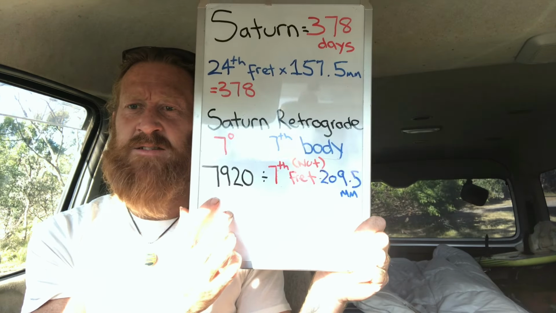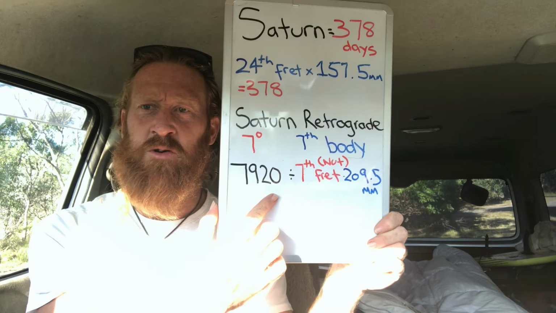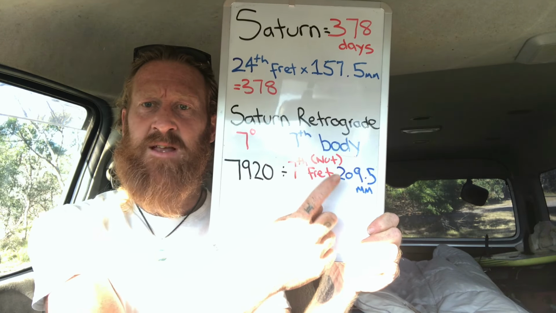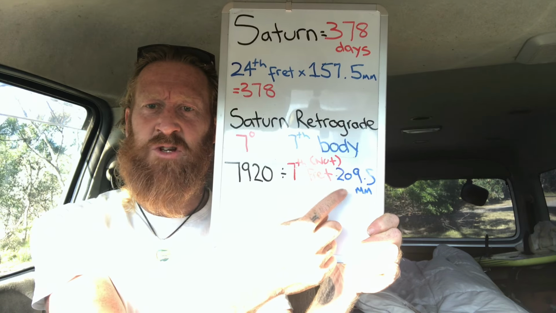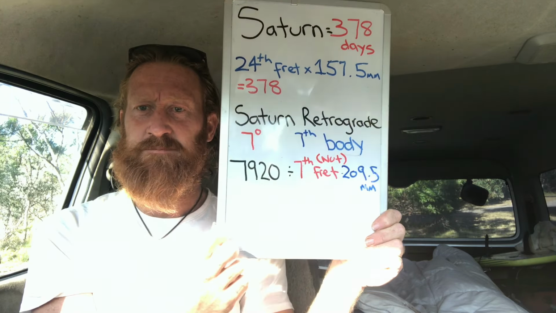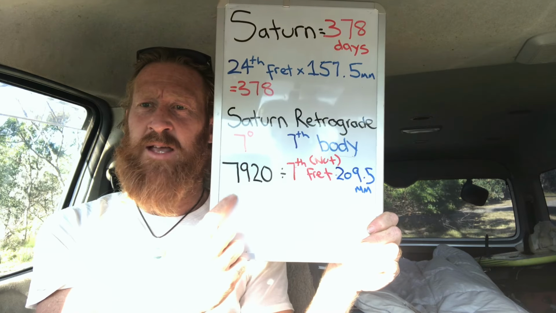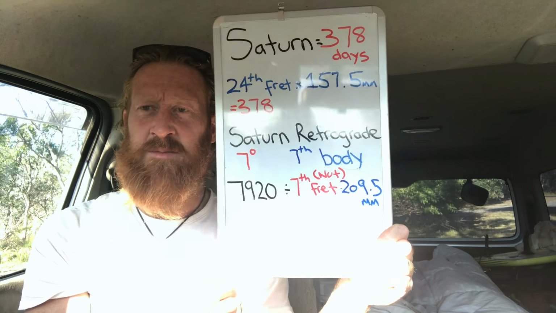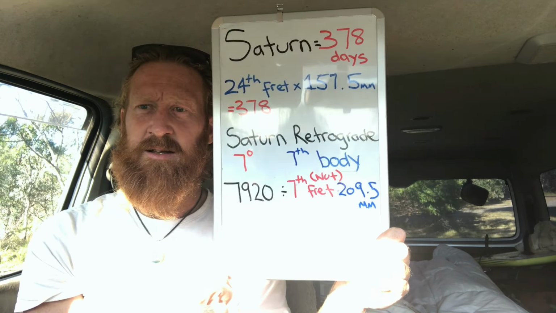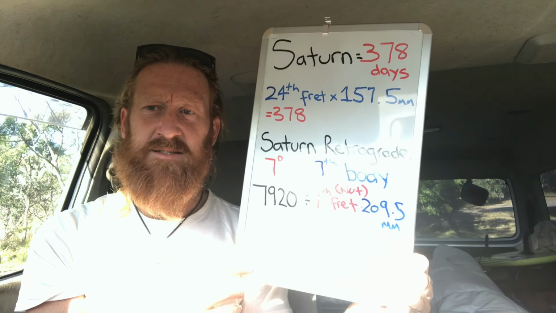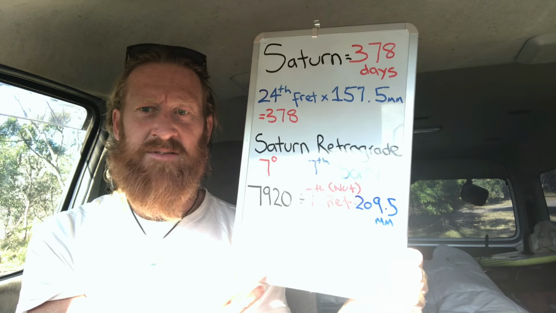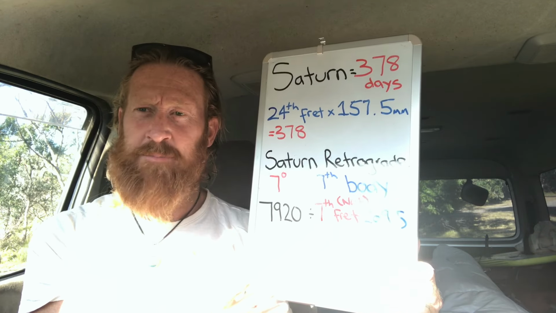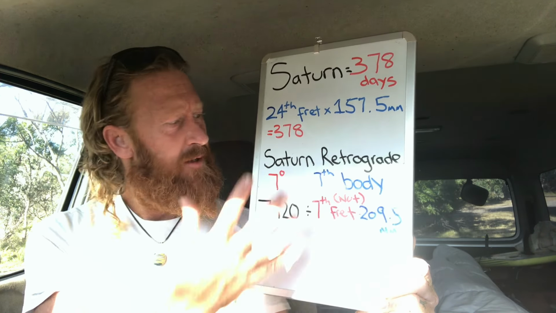So I took 7,920 miles, the equatorial diameter of Earth, and I divided it by the 7th fret's position, measuring down from the nut. It's 209.5 millimeters. I could see that the 24th fret was the boundary corresponding to Saturn, but 7 being very much associated with Saturn, I started thinking, does the 7th fret have anything to do with Saturn?